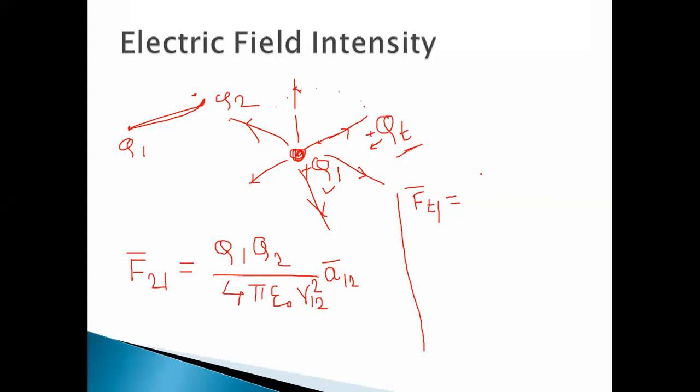It is Q1 Qt divided by 4 pi epsilon naught R1T square, into unit vector A bar 1T. Correct? Is it right?